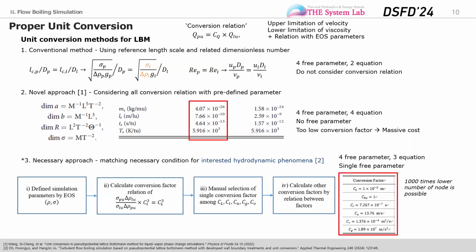So I proposed the necessary approach, which matches the necessary conditions for the hydrodynamic phenomena of interest, such as the bubble departure diameter. This necessary method uses three equations, so it has a single pre-parameter, and I can lower the number of nodes by 1,000 times to simulate the millimeter scale.